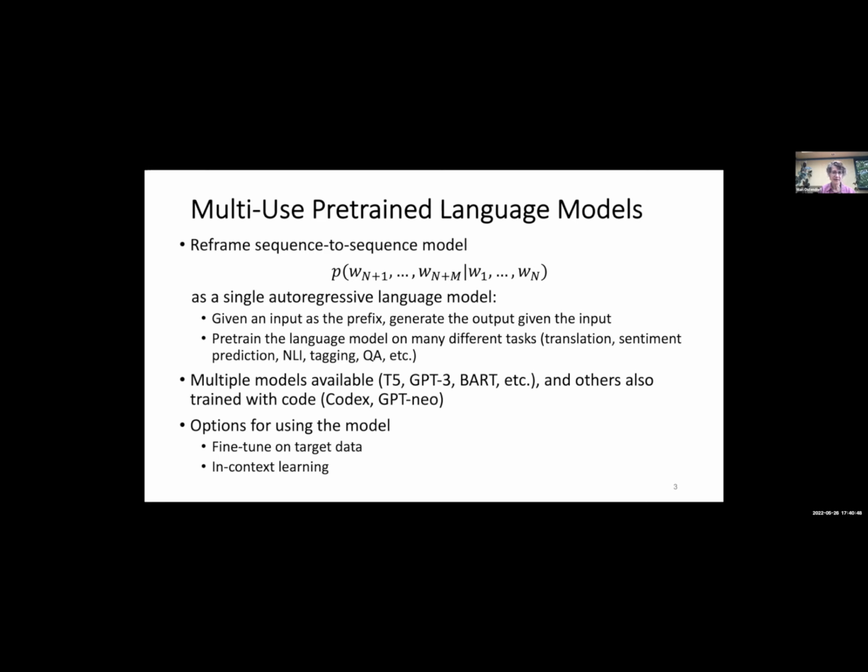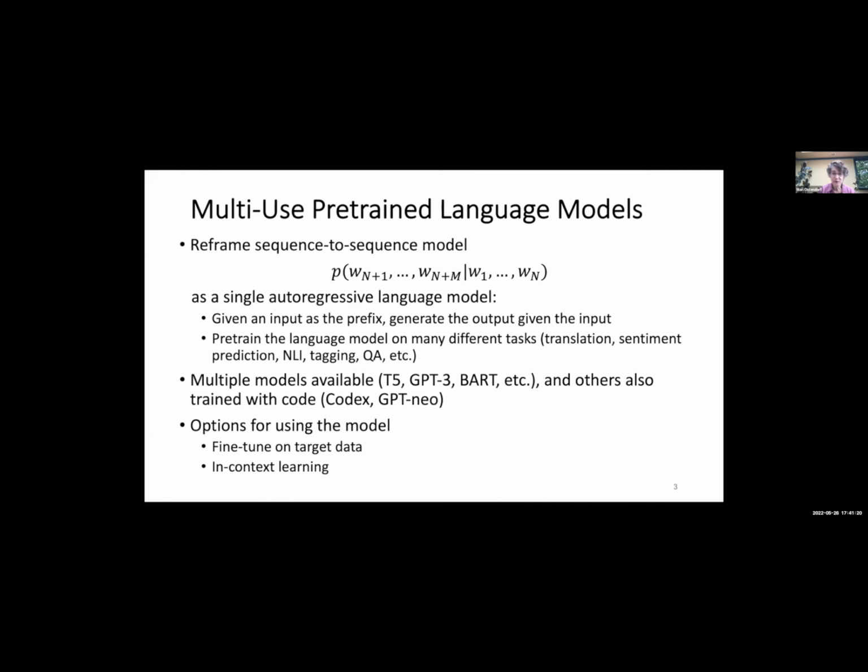And then you're going to generate the output given that prefix. And this big language model can be pre-trained on many different tasks, so many different types of prefixes. By doing so, it actually learns that part of the language model's goal is to understand the task, not just what are the words, not just the topic and the grammar of English, but what is actually the task.